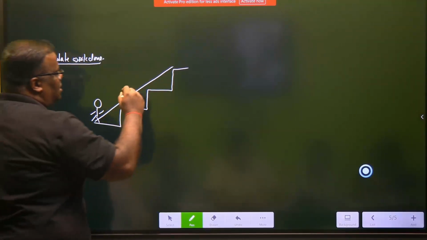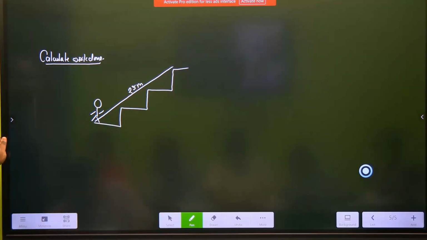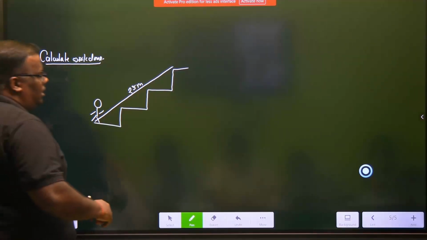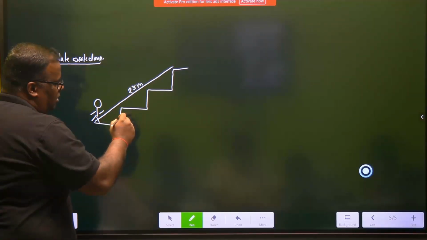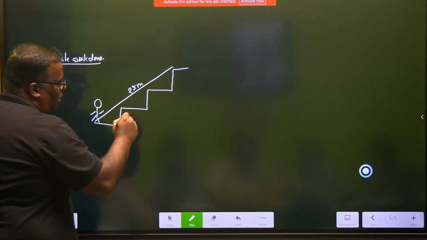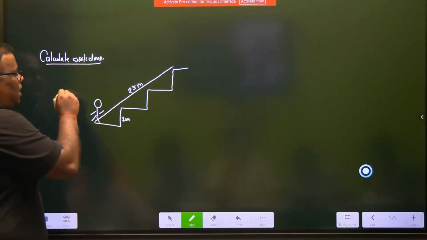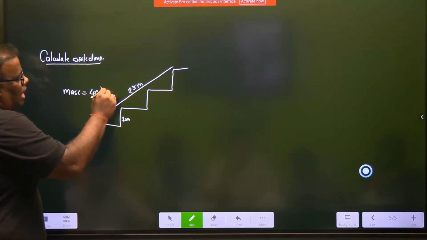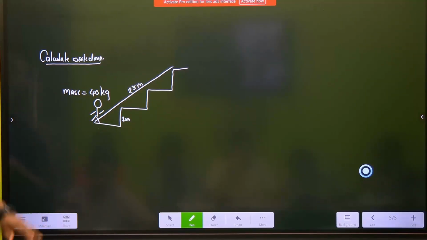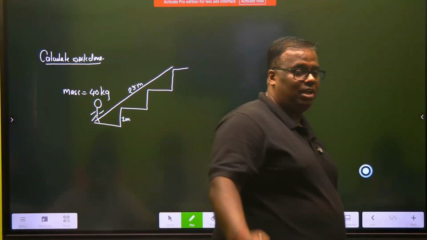Let's say this distance is 25 meters, and the height of each step is, say, 1 meter. The mass of this person is our fellow Ryan, 40 kg. Tell me, will Ryan sweat by climbing the stairs?